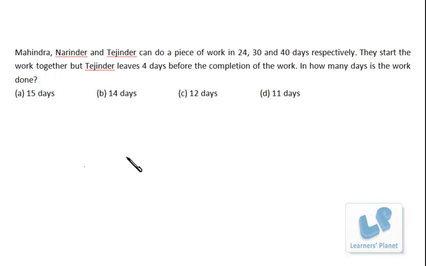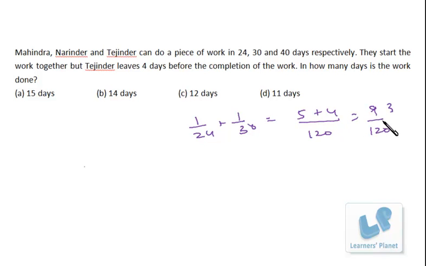Okay. So in a single day, Mahinder works 1 upon 24. Narinder works 1 upon 30. That means in a single day, both of them can work 9 by 120, or we can say 3 by 40 work per day. Now for the last 4 days, these two people are working all alone. That means Tejinder is not working.